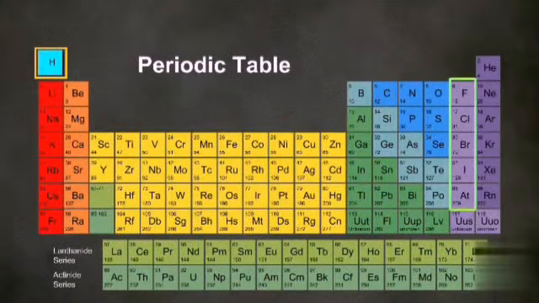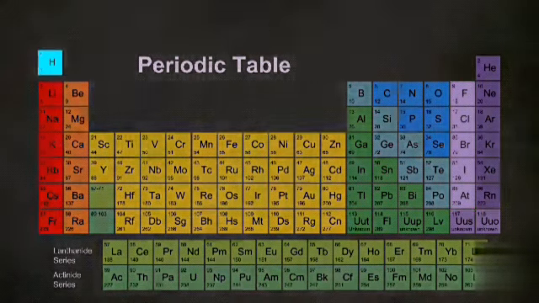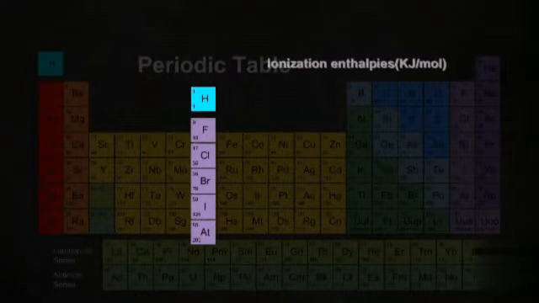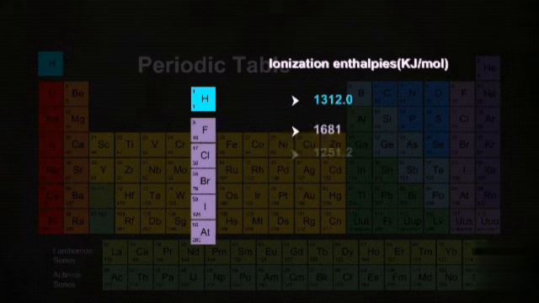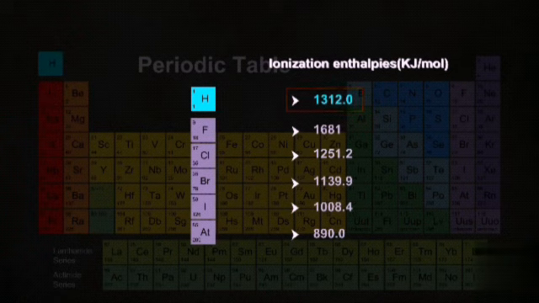And the other similarity is in their ionization enthalpies. As we have already seen, the hydrogen has a high ionization enthalpy which is quite comparable to the ionization enthalpy of the halogens.